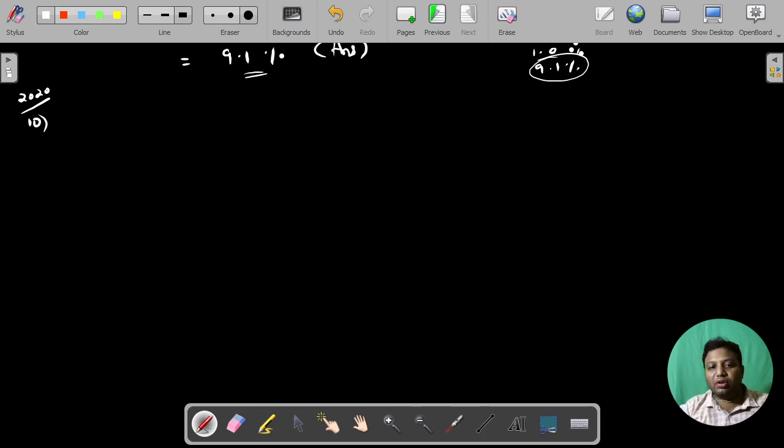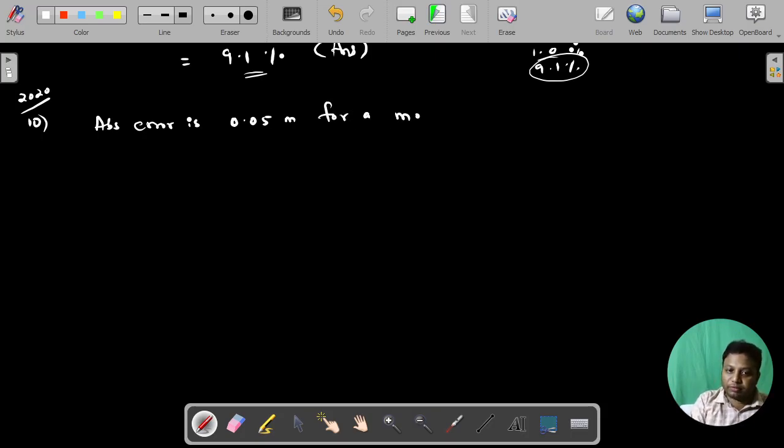The question is based on a basic concept, unlike the TDS calculation we had done in the last two questions. I'm writing the question. Absolute error is 0.05 meters for a measured length of 5 meters. What is the percentage error?